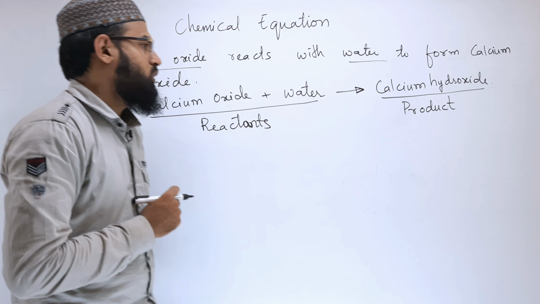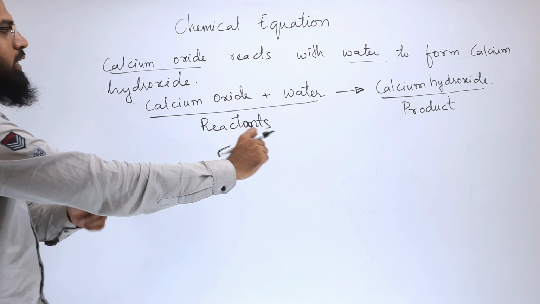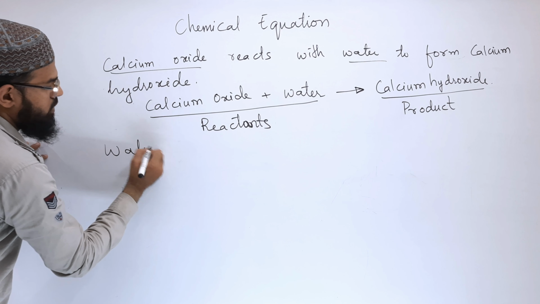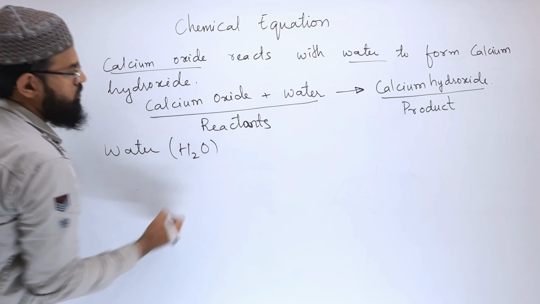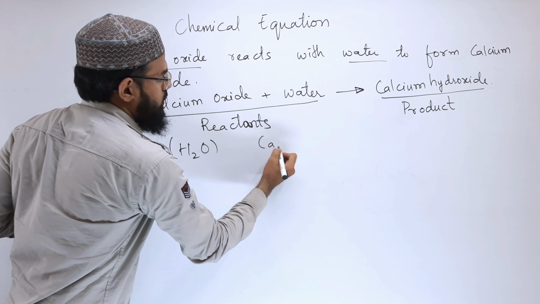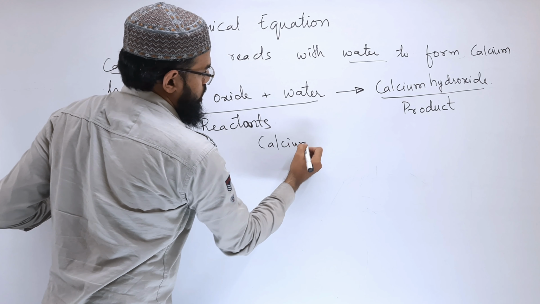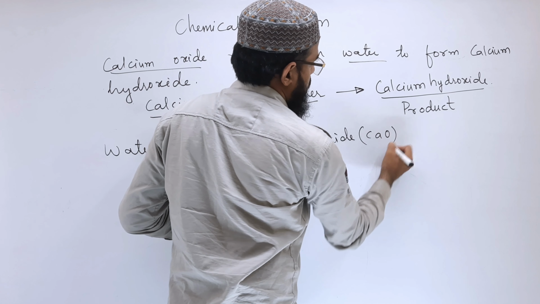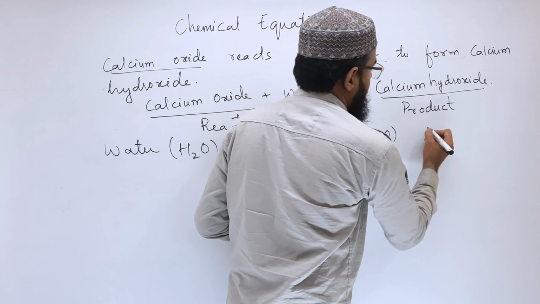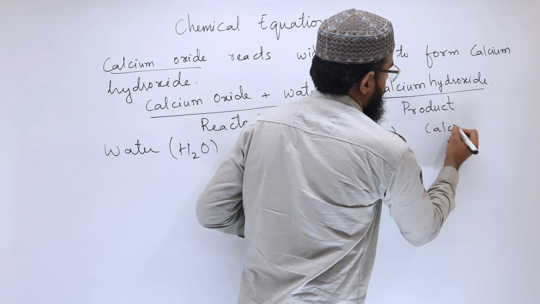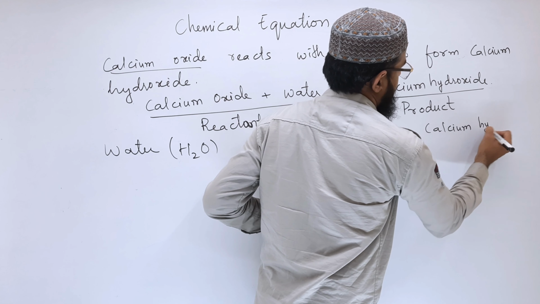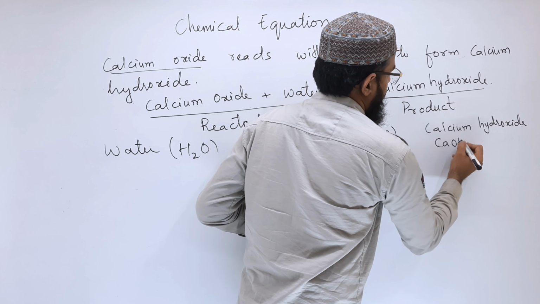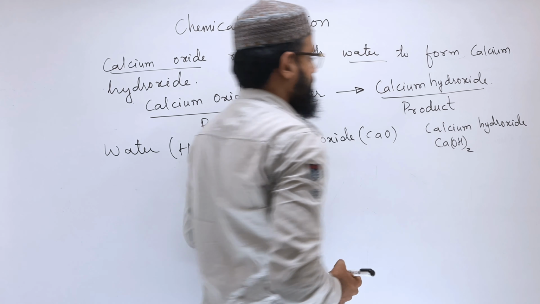The chemical formula for water is H2O, for calcium oxide it is CaO, and for calcium hydroxide we use Ca(OH)2, that is, OH taken twice.